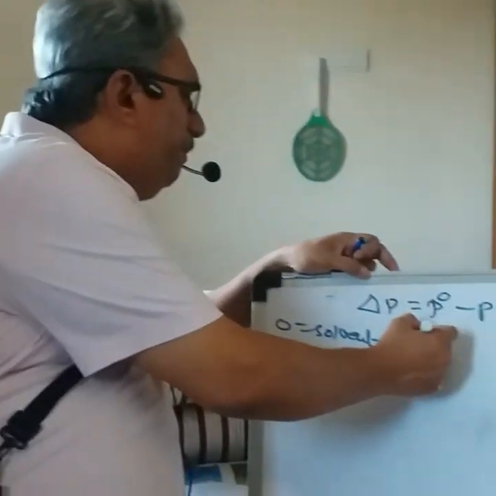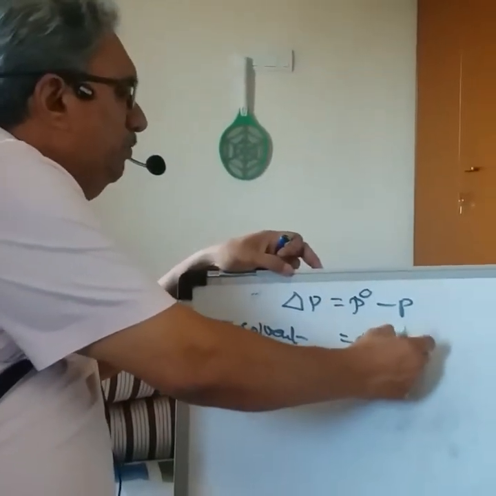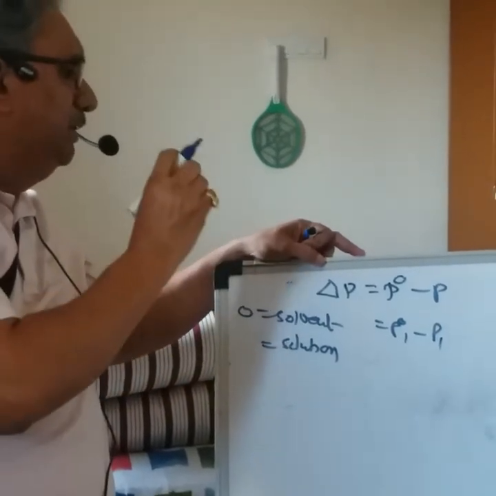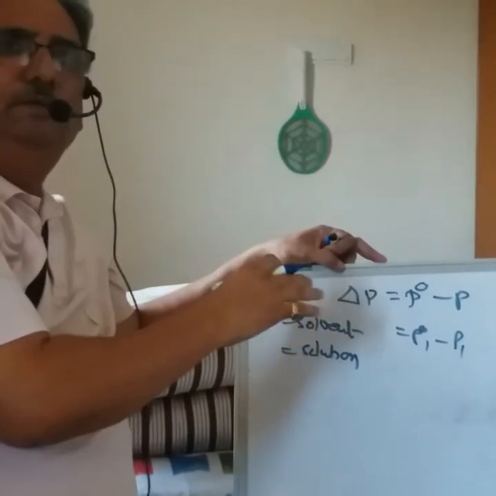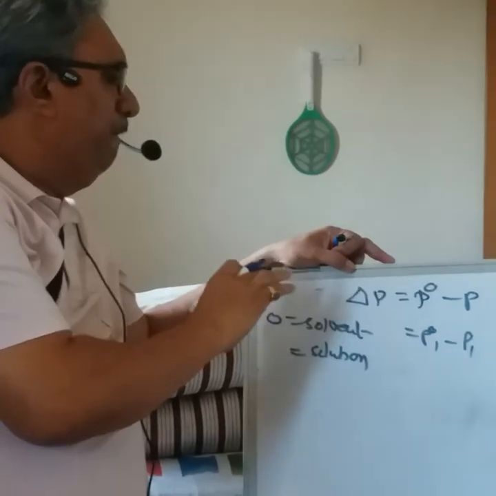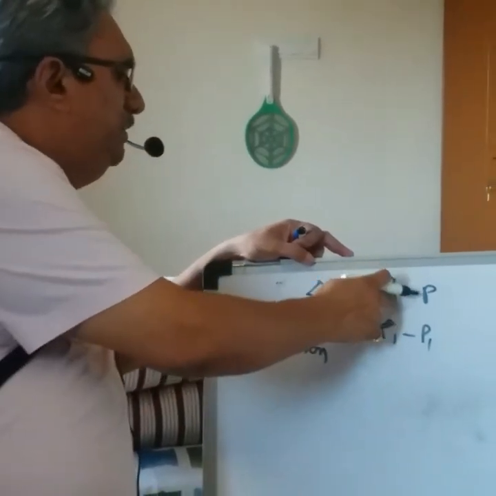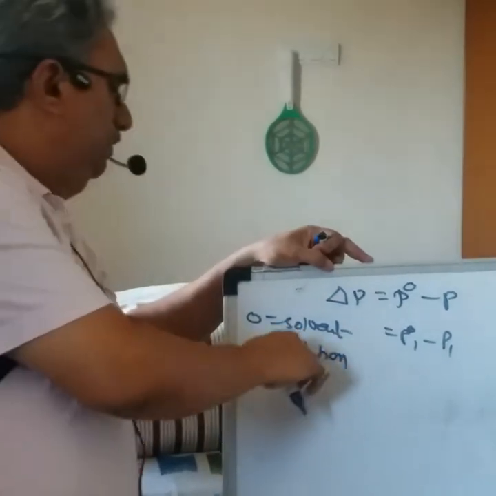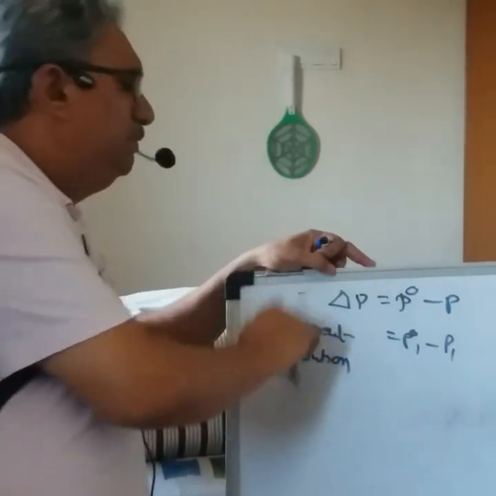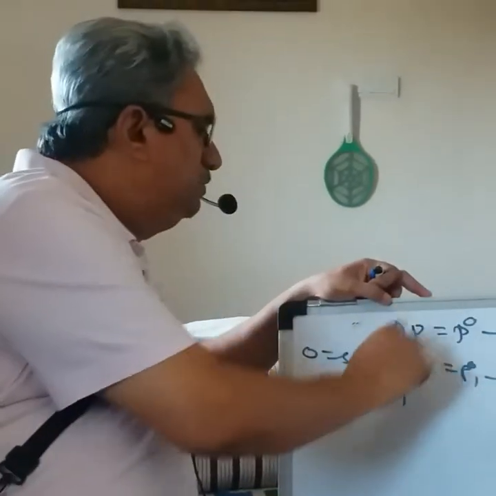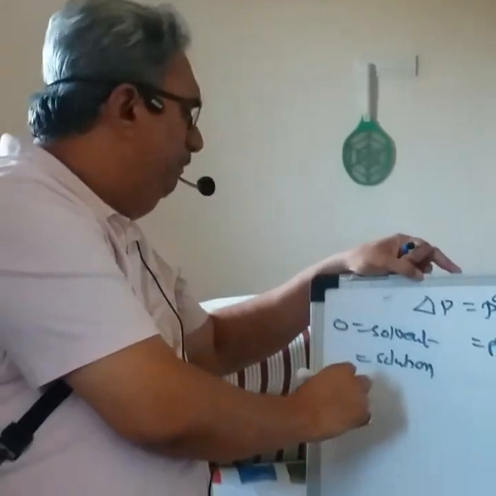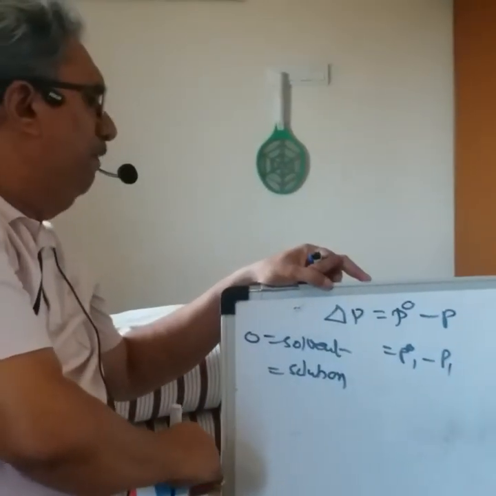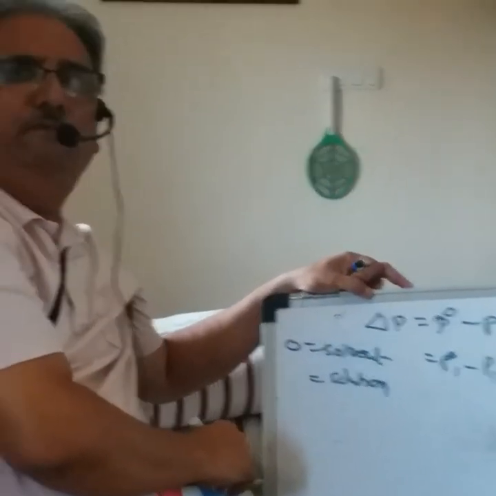Sometimes in other books you may see P01 or P1, so you call it P degree or P0, whatever it is. P0 and P01 have the same meaning, and P and P1 also have the same meaning. So the 0 symbol is for the solvent, and without 0 it is the solution value. So delta P equals P0 minus P, which we call lowering in vapor pressure.